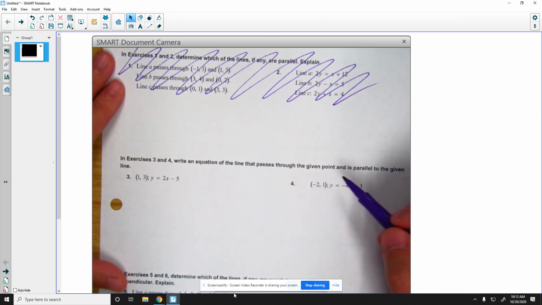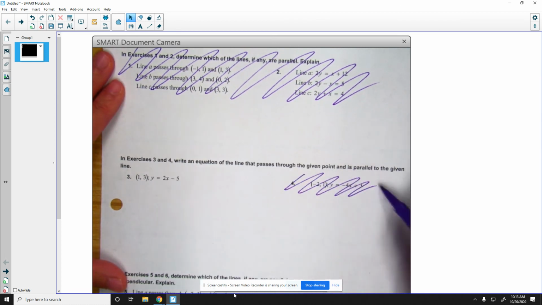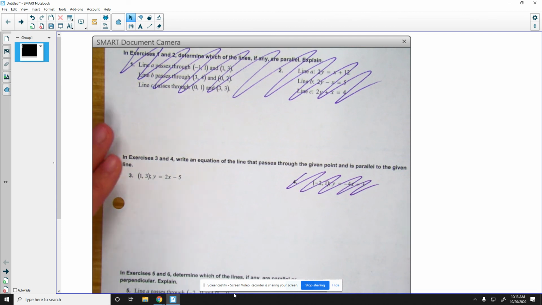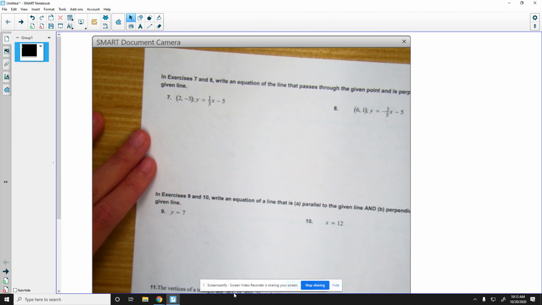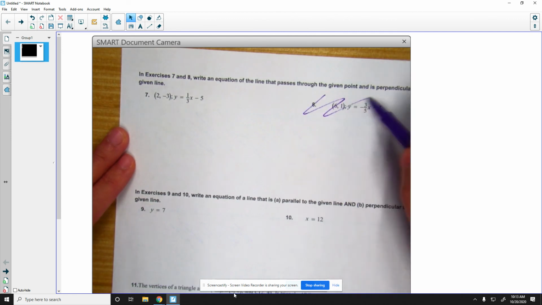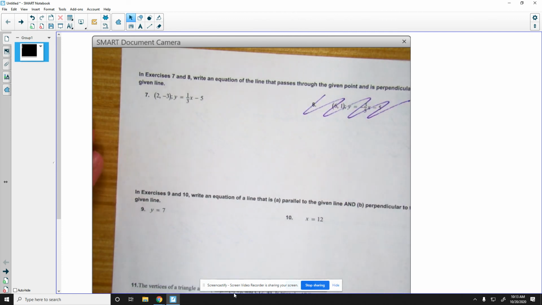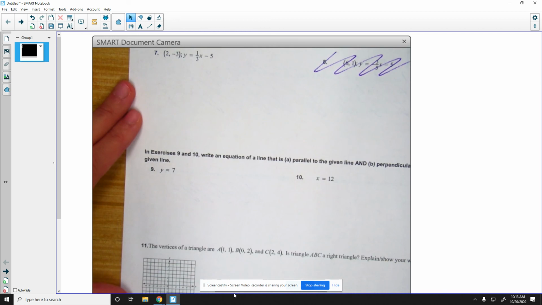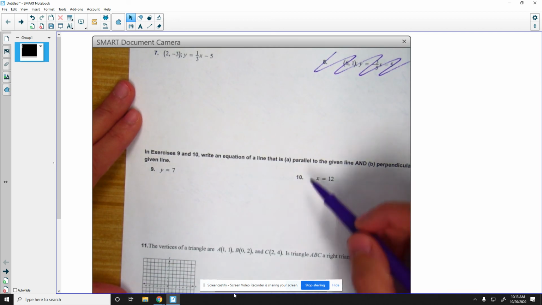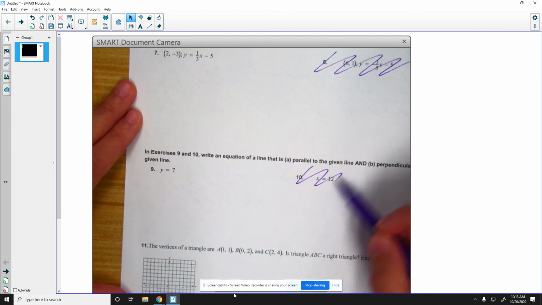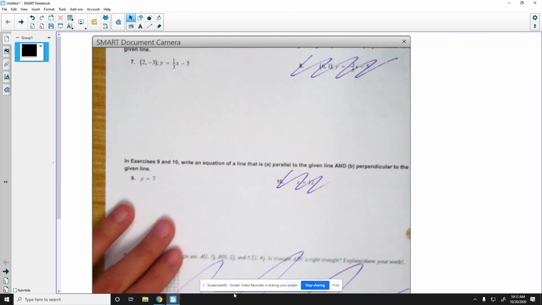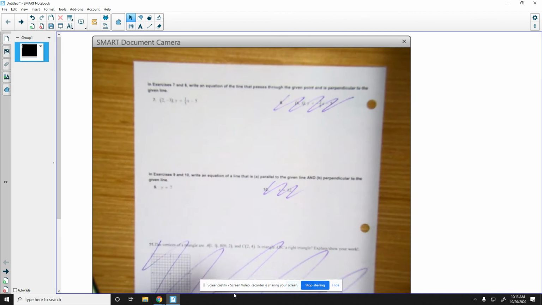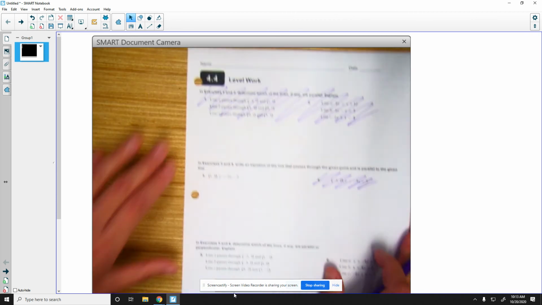Let's cross out 4. And go to the back. Let's cross out 8. And then let's cross out 10, 11, 12, 13, 14. Maybe I should have just had you circle which ones to do. Okay, so let's just circle which ones to do.